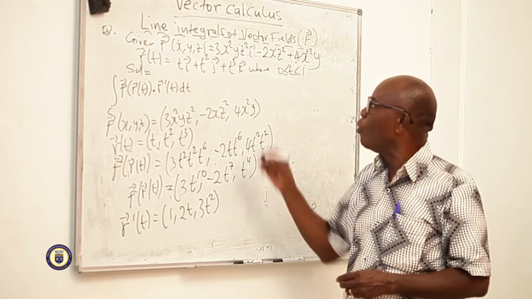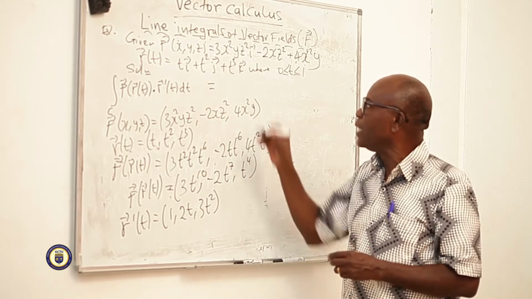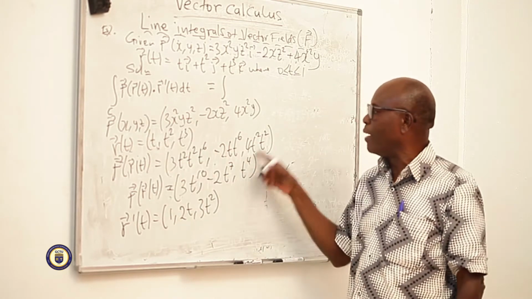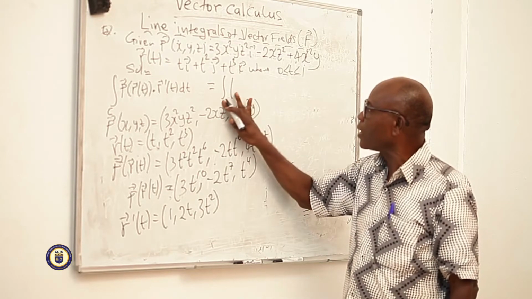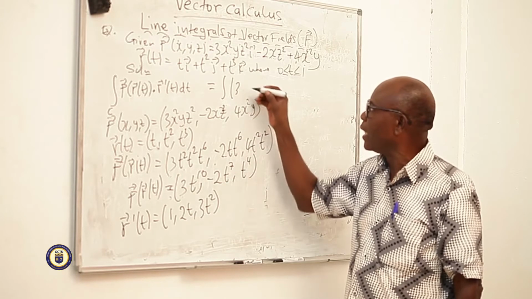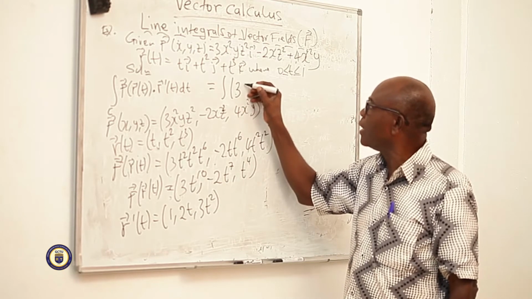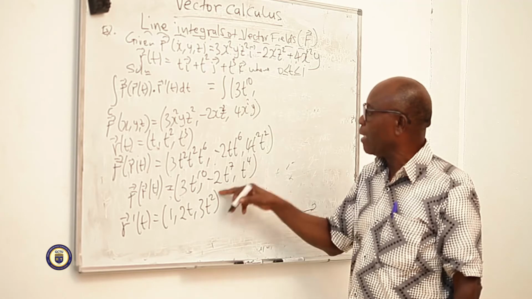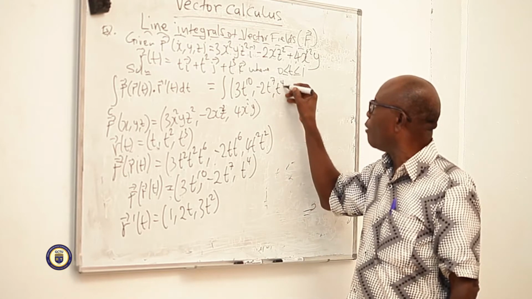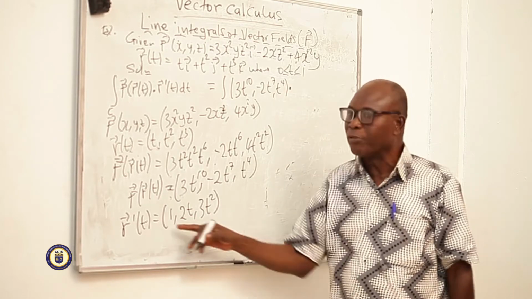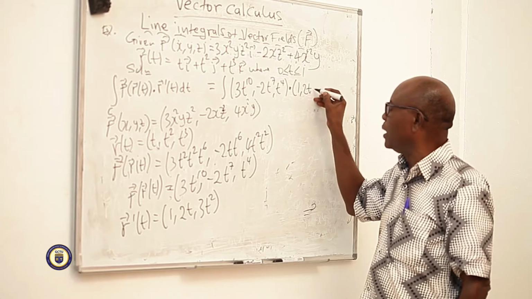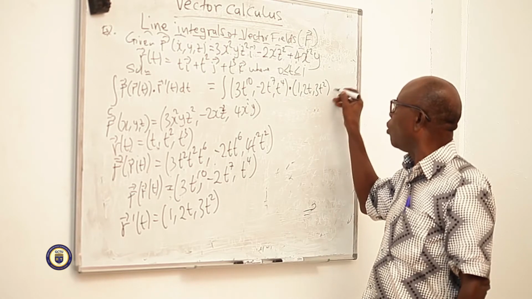And so we put this into the formula, the integral of F of r of t, which is 3t raised to the power 10, minus 2t raised to the power 7, t raised to the power 4, dot r prime of t, which is 1, 2t, 3t squared, all dt.